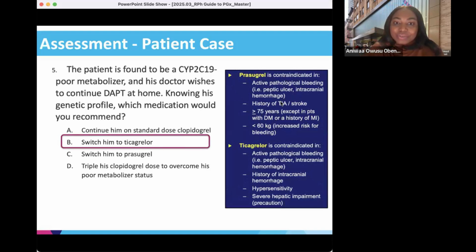This patient has a history of TIA, so prasugrel is contraindicated. He doesn't have any of the other contraindications for ticagrelor, so ticagrelor would be the best bet. And the patient's age as well.